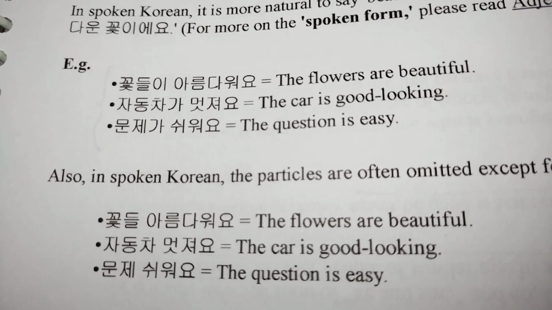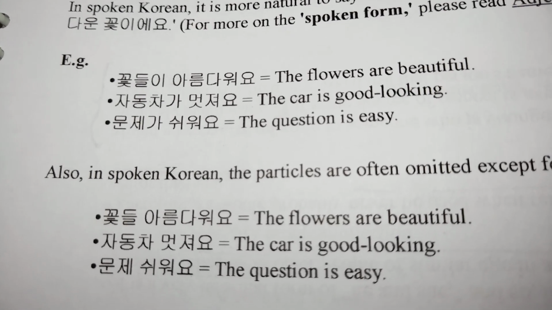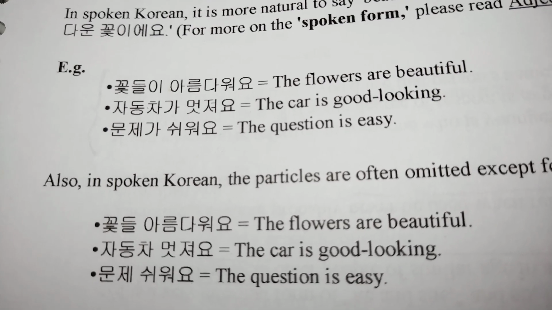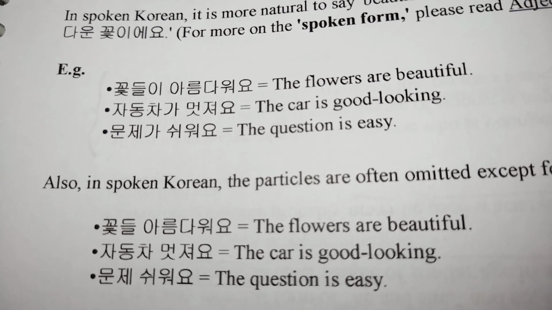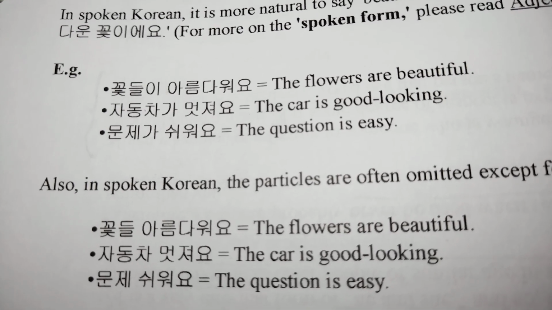But as you can see here, it is pretty much saying beautiful flowers and flowers are beautiful. So it's like active and passive speech, and both the forms are used in both written and spoken Korean.